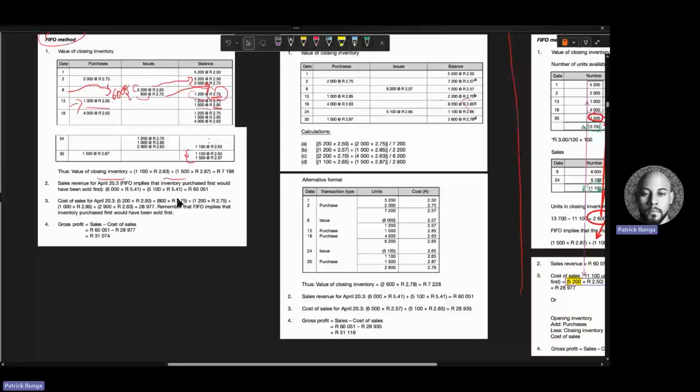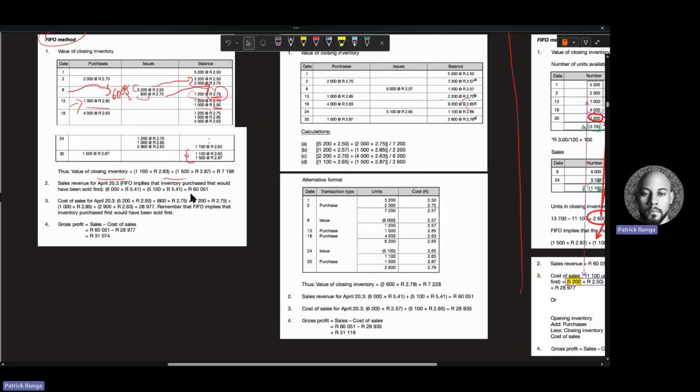Remember, the second question they ask us is, what will be the sales revenue? If you look at these 6,000, they were sold at 5.41. And the 5,100 was sold at 5.41. Same price, right?